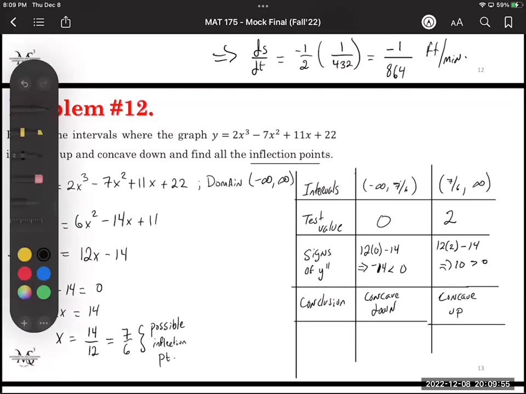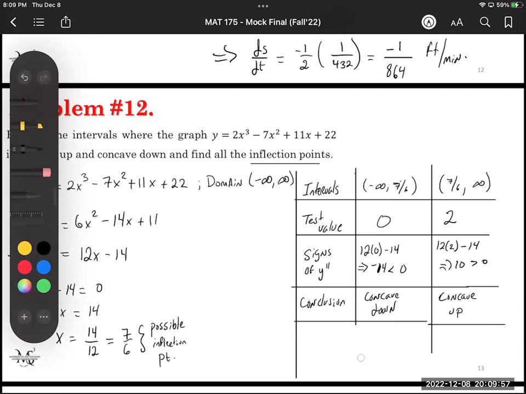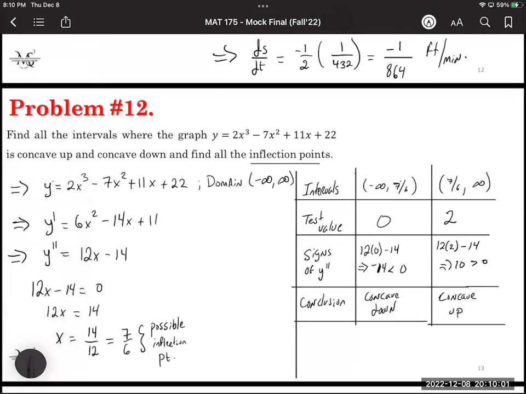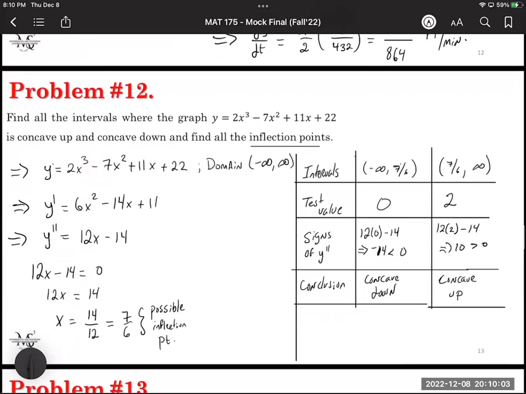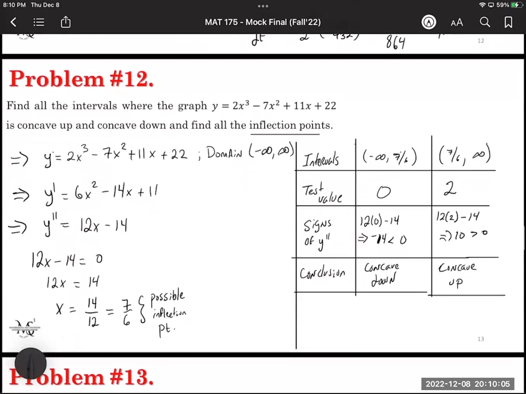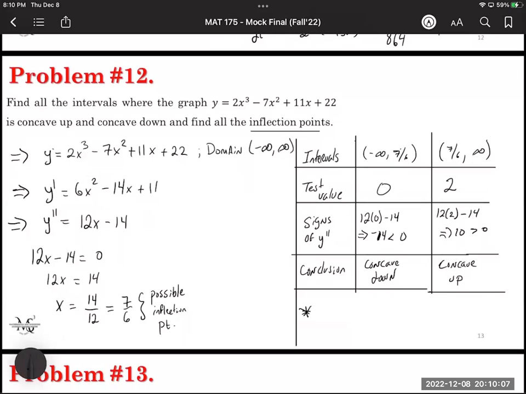So did the concavity change to the left and to the right of your possible inflection point? Yes, it did. From your table, you don't have anything else to write out because it summarized the intervals precisely, concave up and down. But now what you can write out is that there is an inflection point at x equals 7/6.